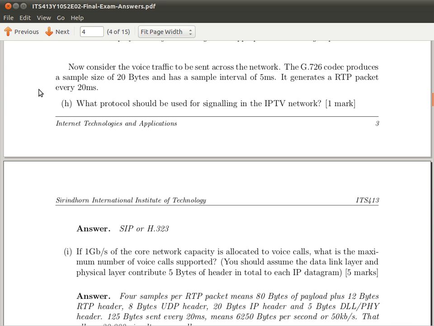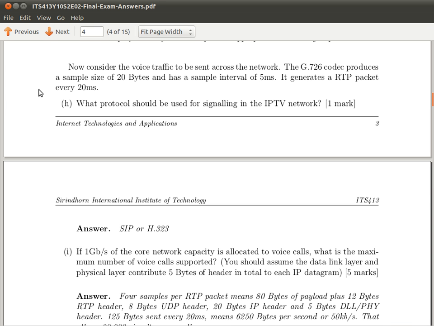How many samples per second? Sample interval is 5 milliseconds, which means every 5 milliseconds I record a sample.